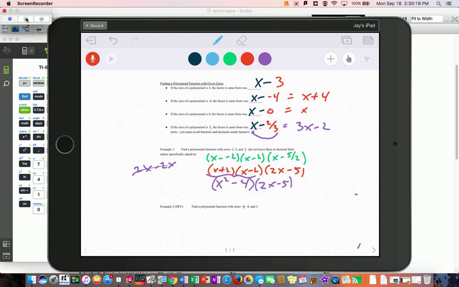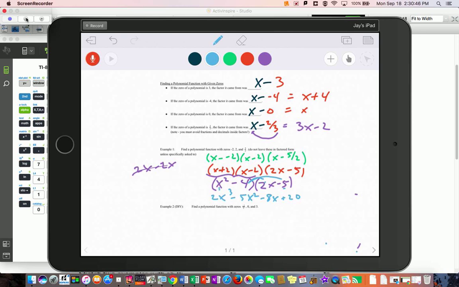And now we're going to multiply. x squared times 2x is 2x cubed. x squared times negative 5 is negative 5x squared. And negative 8x, that's 4 times negative 2. And negative 4 times negative 5 is positive 20.